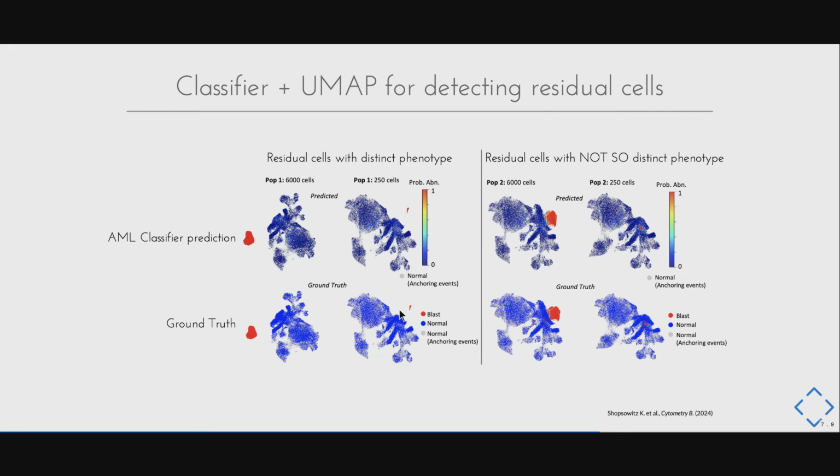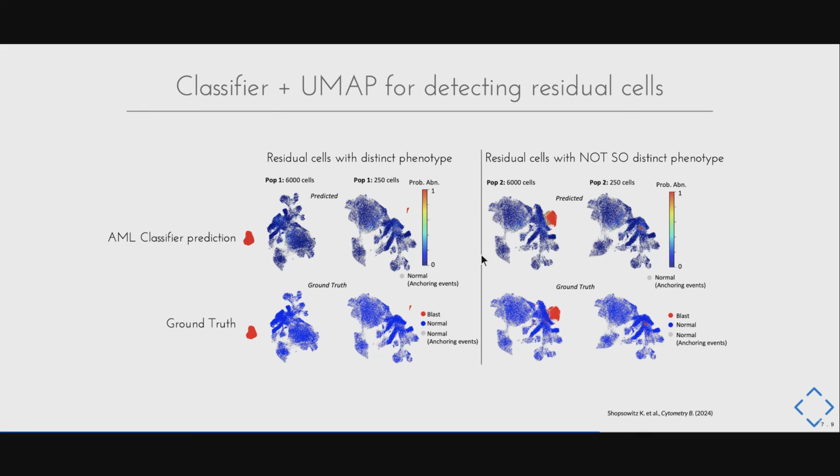The classifier also has a perfectly matched prediction to the ground truth, indicating both UMAP and the classifier are very effective in this scenario.